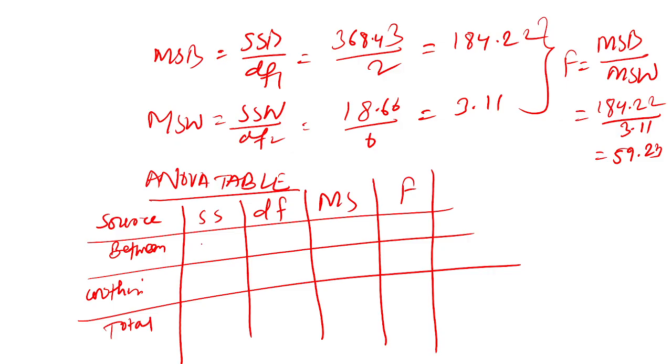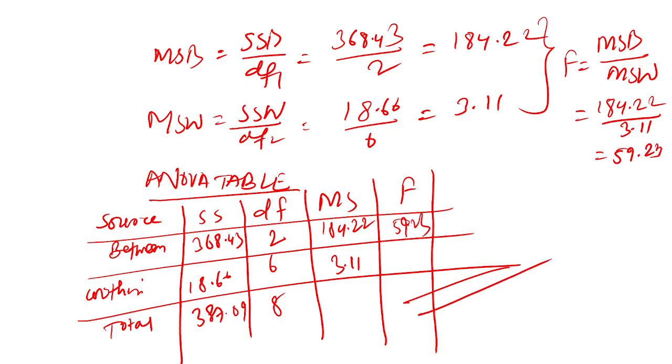How much do we have between? 368.43, 18.66, 387.09, 2, 6, 8, 184.22, 3.11, 59.23. I think it's clear till here.